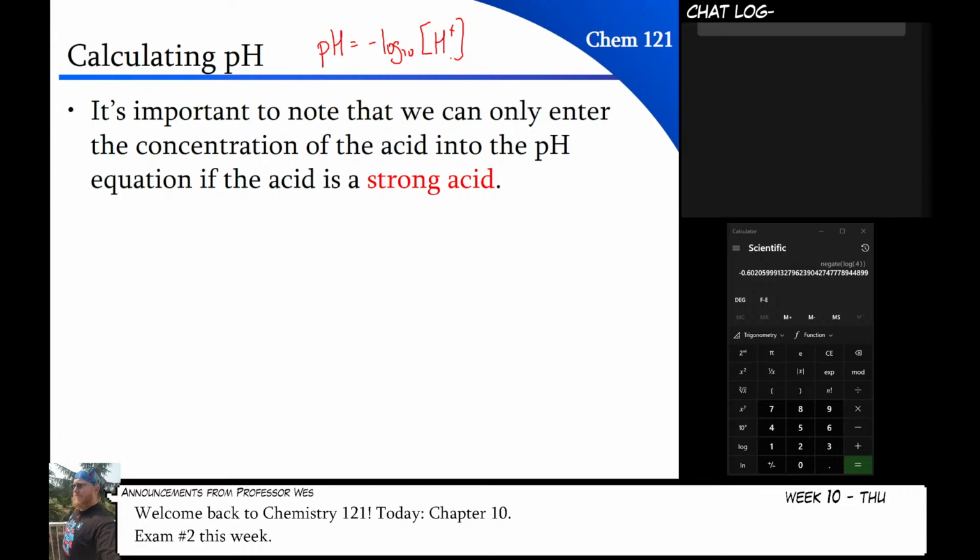When you enter this number into your equation, you can only enter the value that is given to you if the acid is a strong acid. Because, remember, a strong acid dissociates completely.